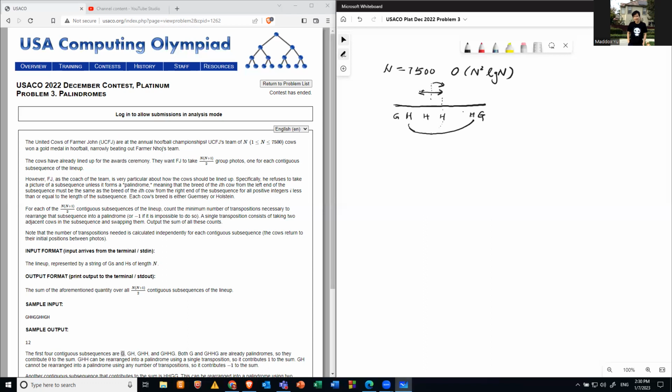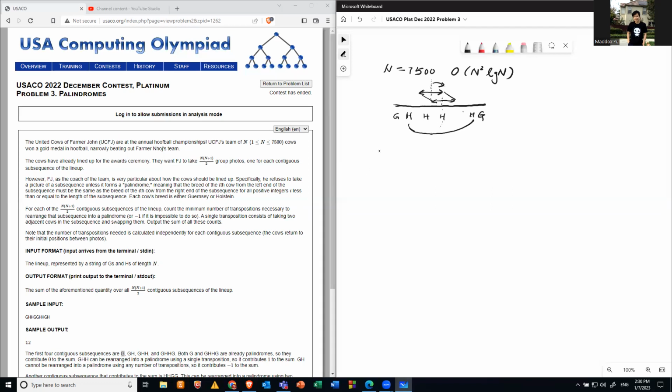That means you have to move the left-hand side by this distance and the right-hand side by this distance, right? So you want to move this thing all the way to here, okay? So you move 2 times the distance from the middle of your pair to the middle of the subsequence, okay?